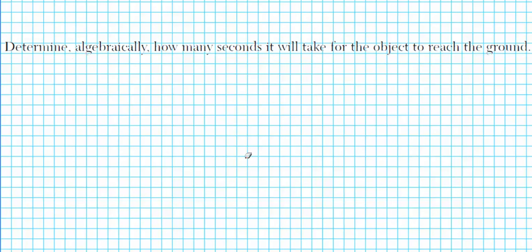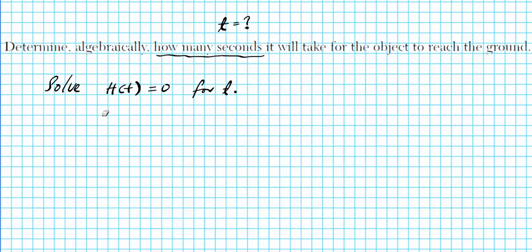So what we're being asked to do here is solve h of t equal to 0 for t. Okay, it says how many seconds, so you're looking for a particular time value, right? So how many seconds does it take for the object to reach the ground? When the object is on the ground, the height is equal to 0.